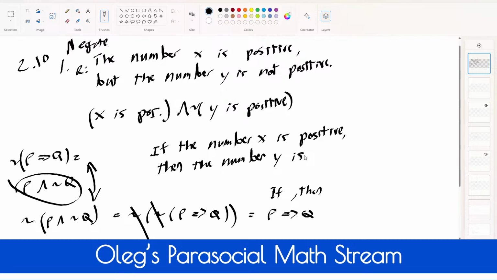The if-then is correct and the P will not be changed, but I still have to take care of the Q. If x is positive, then the number y is... one second, let me check my work here. Oh, right. Because we had P and not Q.